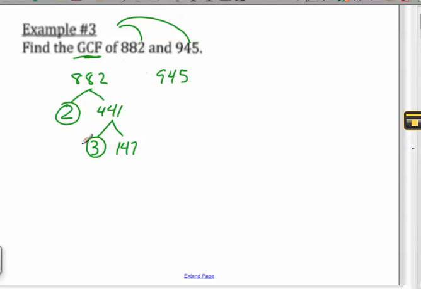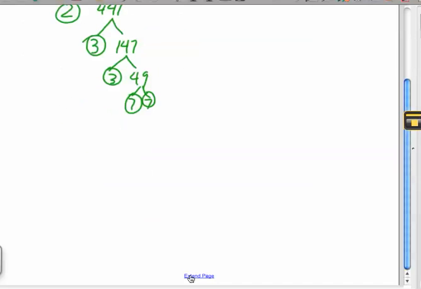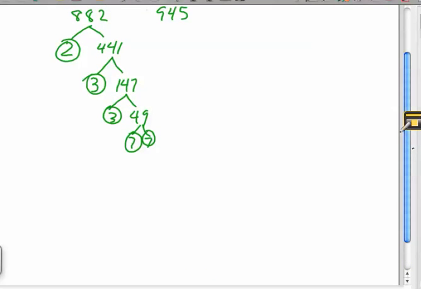What goes into 147? Another 3 goes into it. 3 times what? 49. And then that's 7 times 7. Okay. So for 882, the prime factorization is 2 times 3 times 3 times 7 times 7.